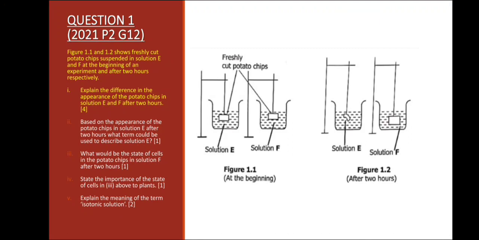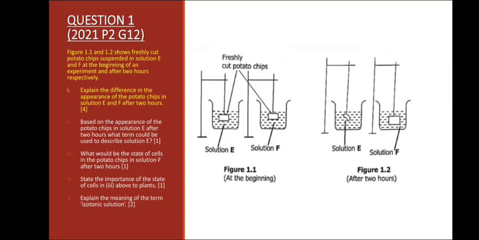Okay. Now, another thing that you need to know is that a cell, whether a plant cell or an animal cell, can be exposed to three kinds of solutions, which are hypotonic solution, isotonic solution, or hypertonic solution.